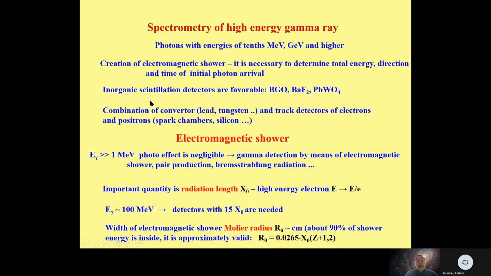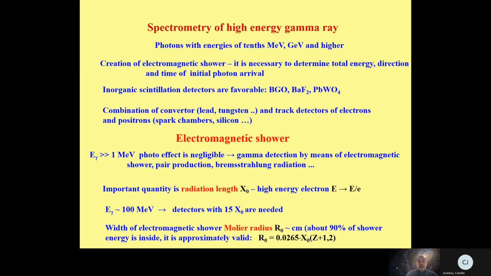The second possibility is to have some converter. The best is lead or tungsten, because maximal Z gives maximal cross section for this interaction of gamma, and the thickness will be small. After that, during pair production, you will obtain an electron-positron pair.